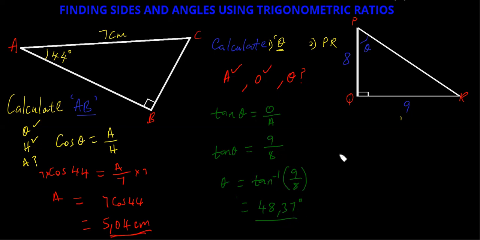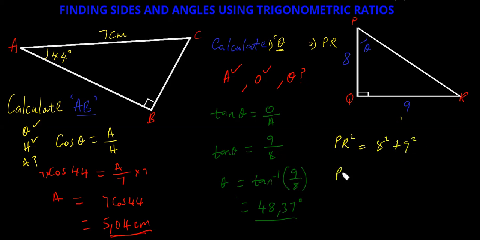Okay, so what about finding PR? Now with PR, we don't need to stress here because we are given two sides. When we're given two sides, what must we use? We must use Pythagoras. So we're going to say PR squared is going to be equals to 8 squared plus 9 squared.